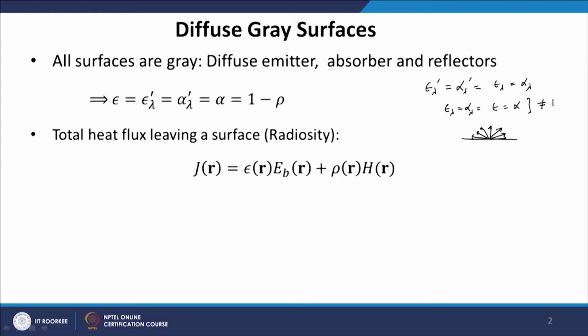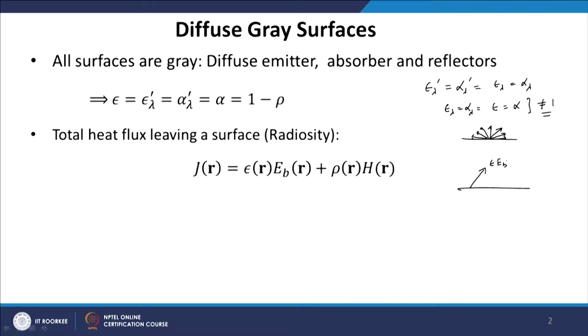Okay. So, when we have emittance less than 1, the amount of energy emitted by a surface is simply epsilon times the black body emissive power EB. So, this is the amount of energy emitted by a surface.